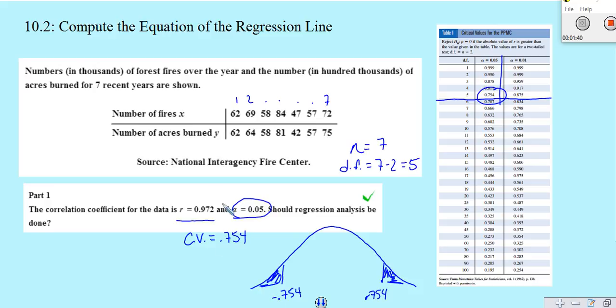Our value is 0.972, so that's over here. We're in the critical region, so yes, we're ready to go forward. We should do our regression analysis at this point. Our scatter plot could show us that too, we could see this visual relationship, but this is so quick when the numbers are given to us, and like I said, we're working on the concept here.